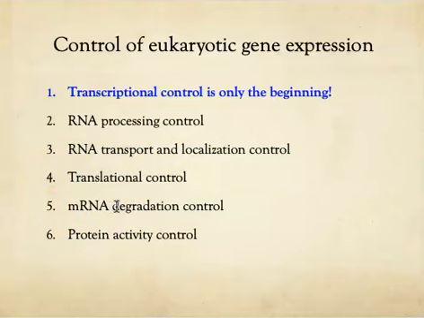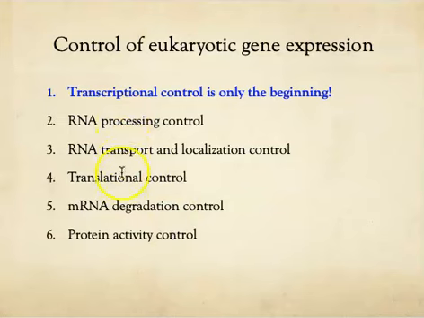And the mRNA that gets translated and produces a protein is going to produce a protein that itself has to be activated or inactivated according to how well it's folded and so on.